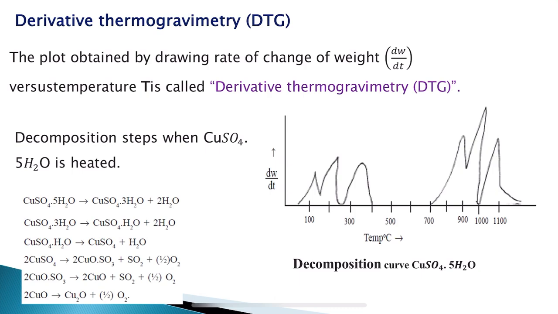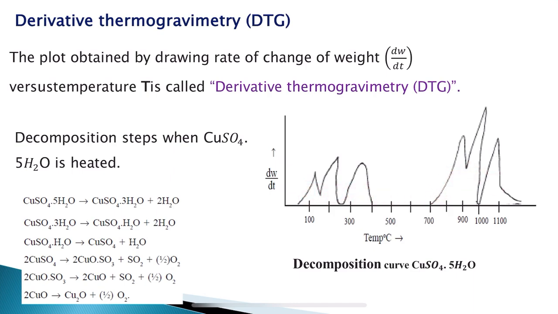Here, the decomposition of copper sulphate can be explained as follows: each peak represents a thermal decomposition step. These are the peaks. The thermogram has 6 peaks; if you count, it is 1, 2, 3, 4, 5, 6.